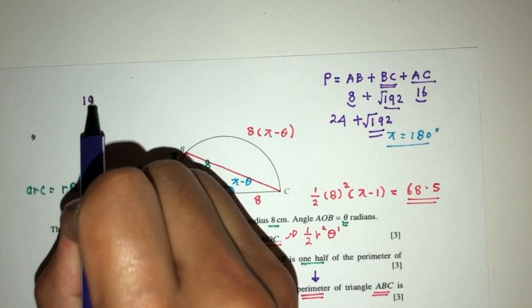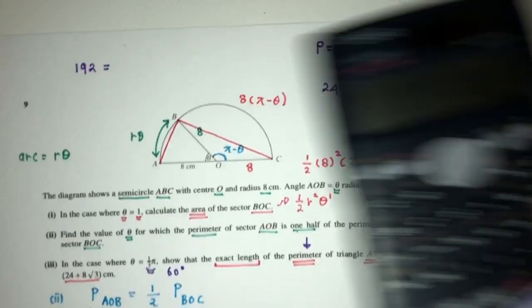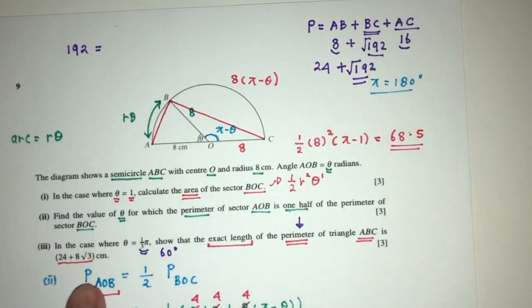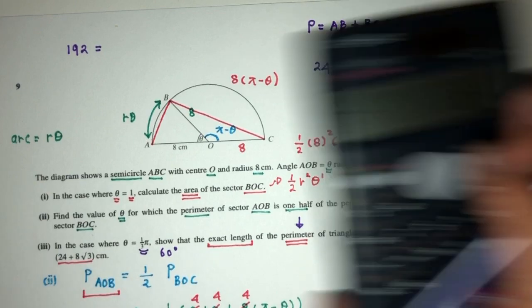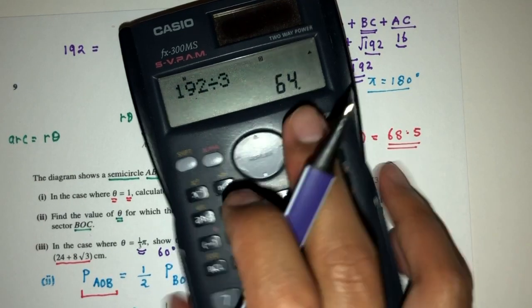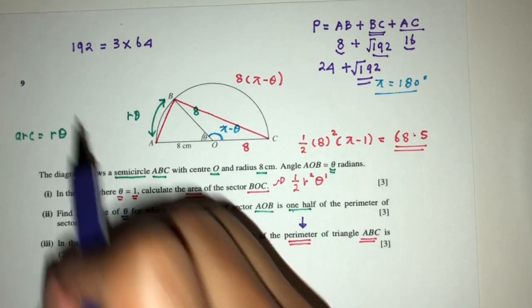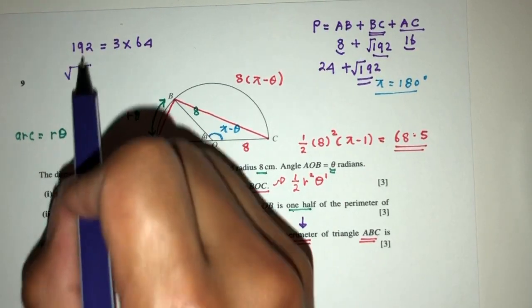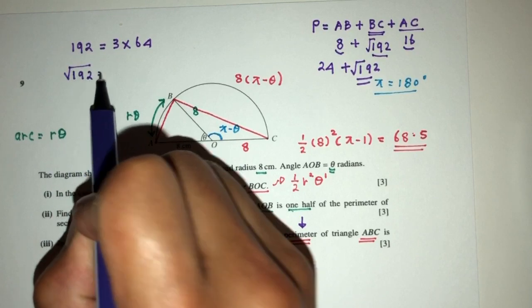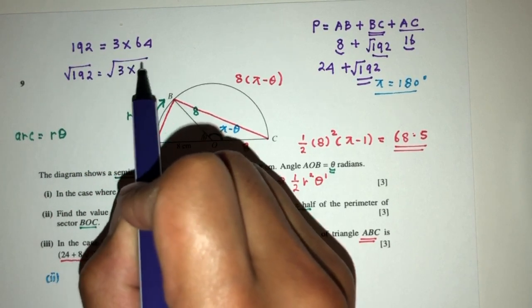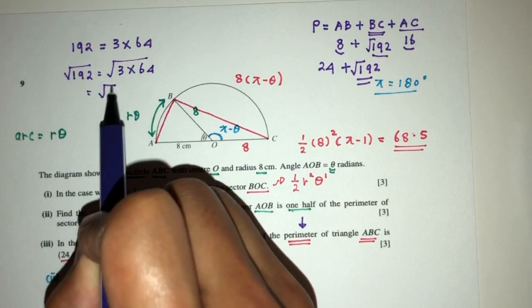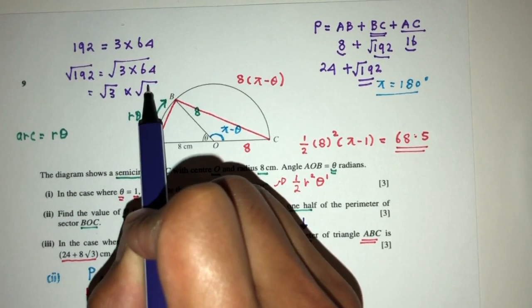So 192 is also equal to what? Let's check. Because here we have 3 inside, let's divide by 3. 192 divided by 3 is 64. So root of 192 is the same as root of 3 times 64, same as root 3 times root of 64.